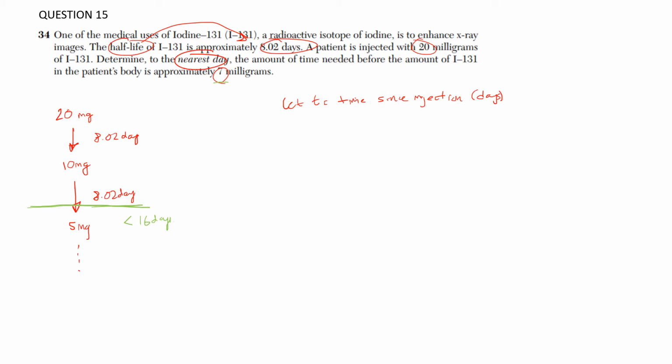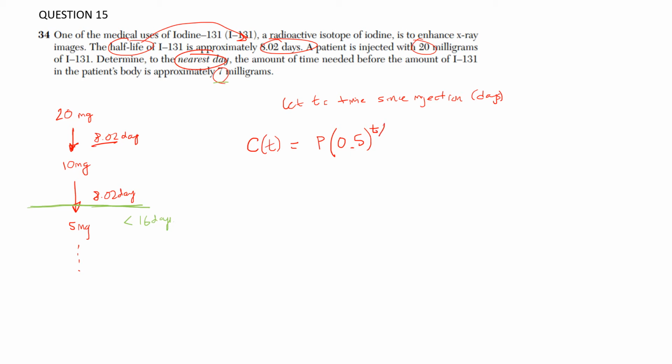We'll say c of t, c being the concentration remaining, or the milligrams remaining rather, in that patient's body, is equal to the initial amount, and we'll say 0.5, because that's the rate, to the t power, right? However, we can't just leave it to the t, we have to make one slight modification. We said it takes 8.02 days for it to halve, okay?